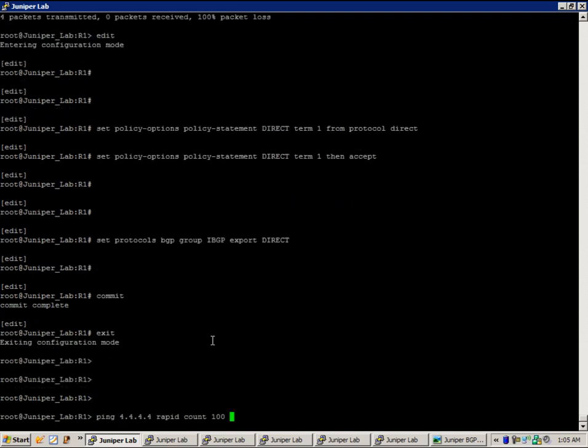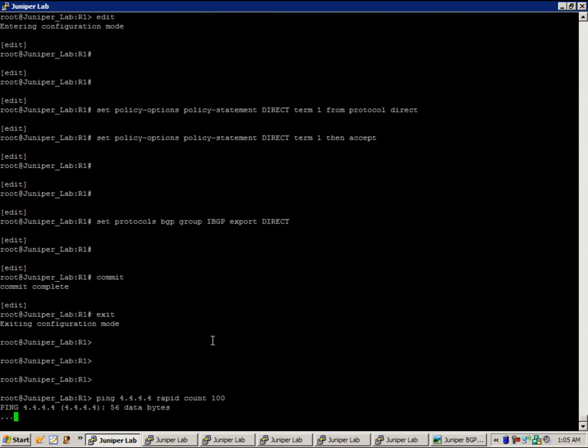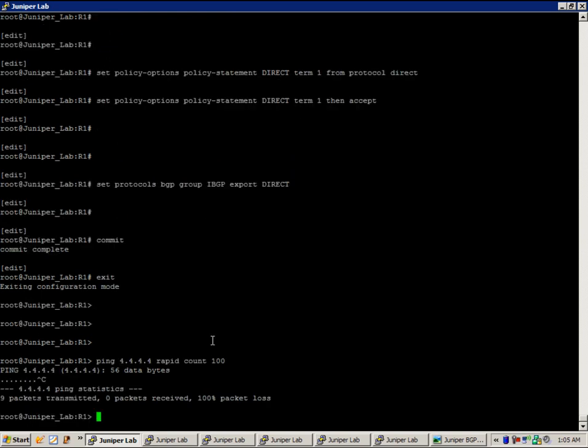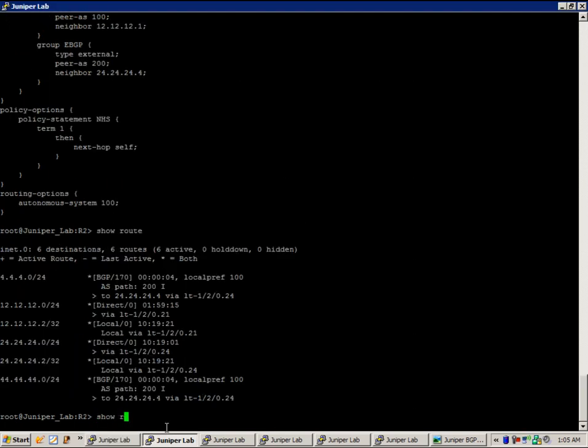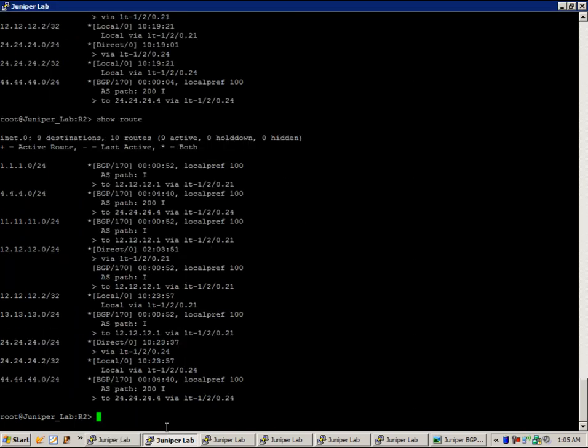Now if I do a ping, whoops. Let's do this. Let's go to router 2 and do a show route. We have the 1 network now showing up in the routing table, which is exactly what we wanted.